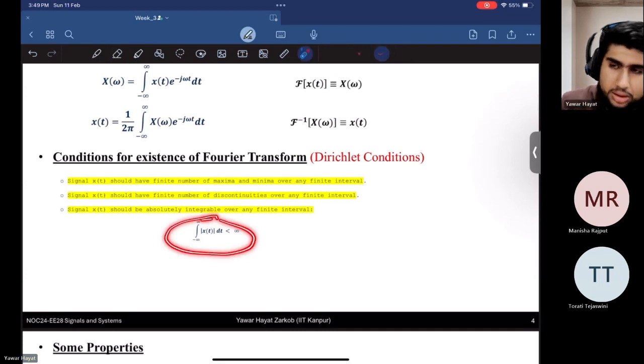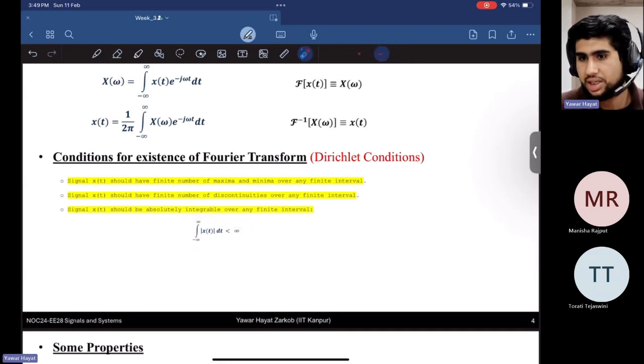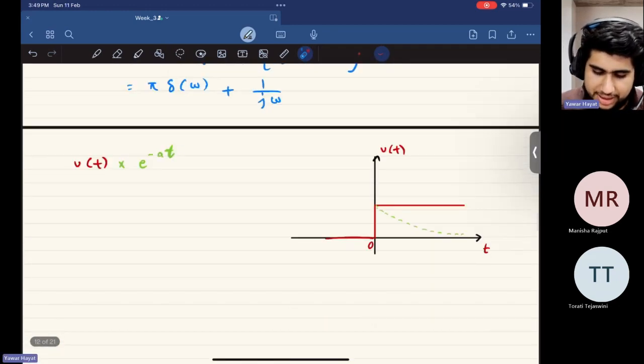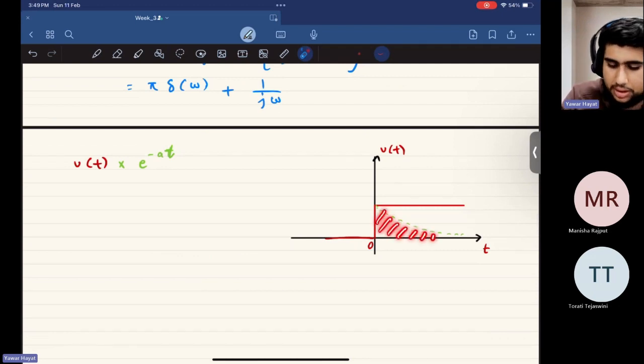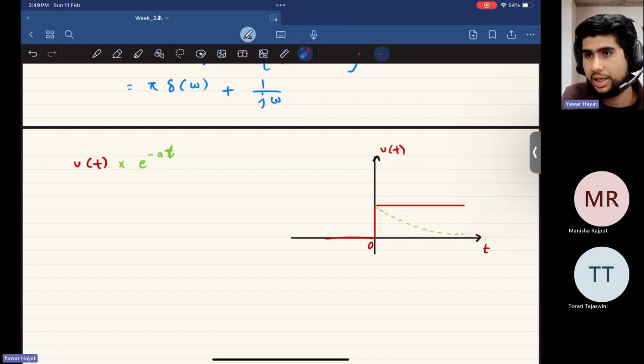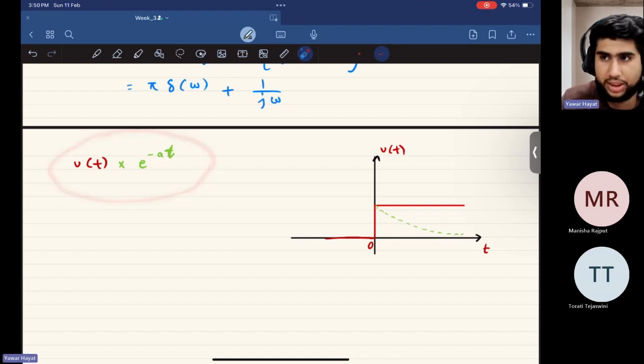What now? Would u of t times e to the power minus ct be absolutely integrable? Do you see that this area is converging? Yes, it converges. Theoretically, when t tends to infinity, this would tend to zero, and this product would also tend to zero. So this function is absolutely integrable.